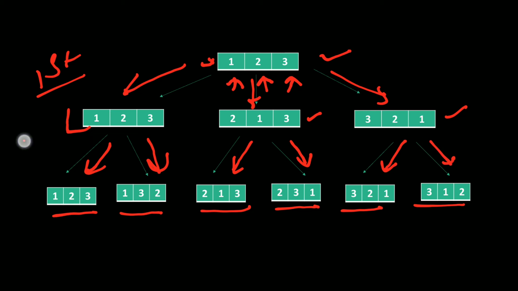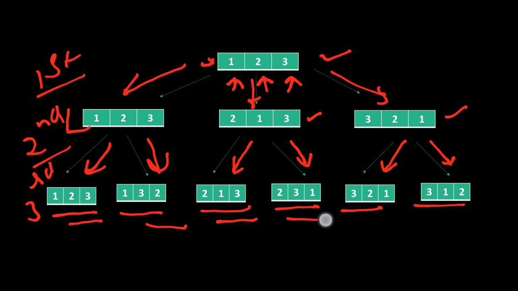Now the second position has been completed at all the places. Now we need to swap the third position, and we know that for the third position the only place left is the third, so the result will always be the same array. So you can see that's how we get our result, that is, all the permutations of this particular array have been printed. Now let's see the code of this problem.